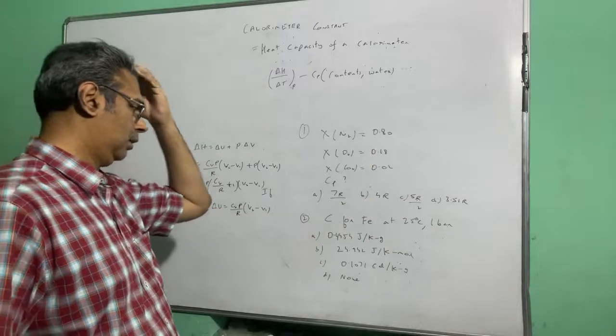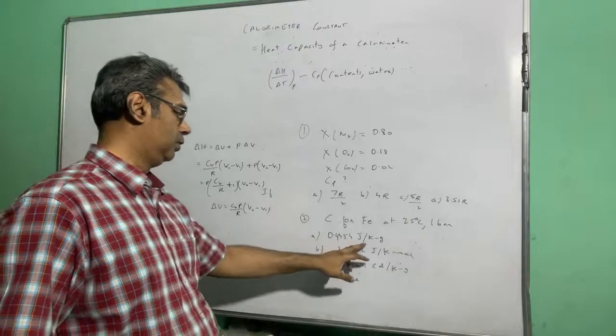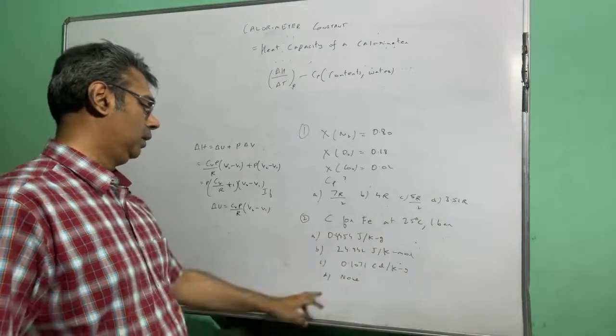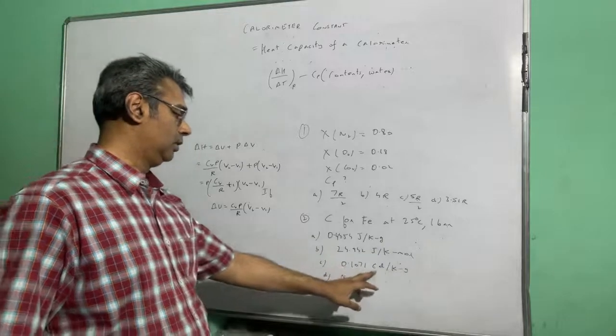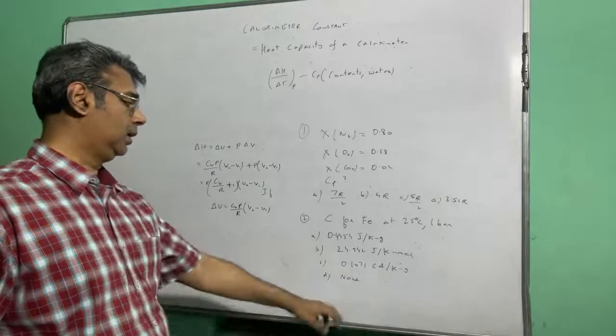Options are 0.4454 joule per Kelvin gram, 24.942 joule per Kelvin mole, 0.1071 calorie per Kelvin gram, and none of these.